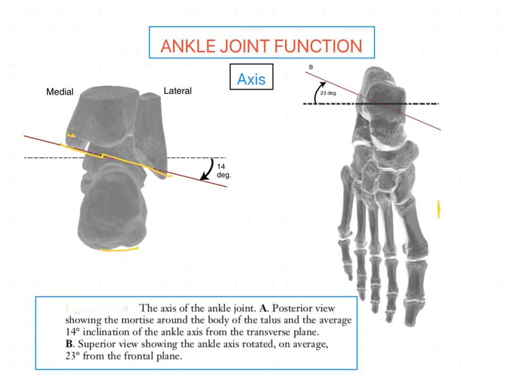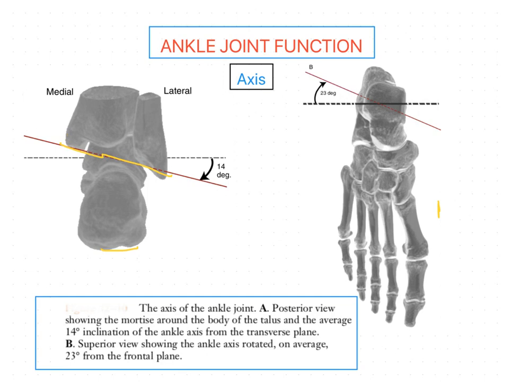This is the tibial malleolus and this one is the fibular malleolus, and this is the body of talus. So this red line indicates the axis of the ankle joint.